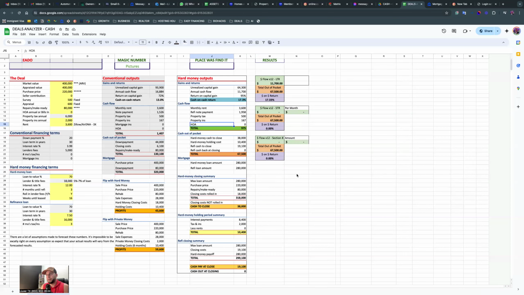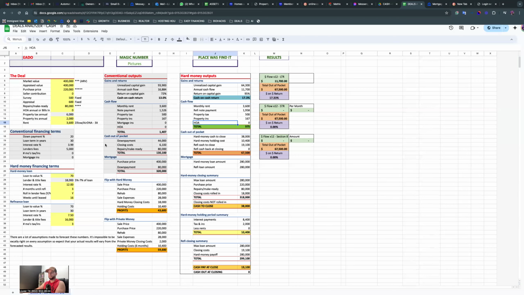And I think that for investors, that's the most important number to look at. Myself, I look for more than 20, 25% in a deal, but in general, more than 10, 13, 14% is a good deal.